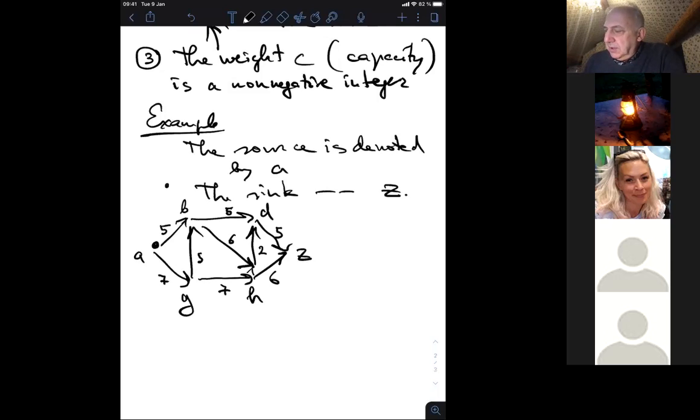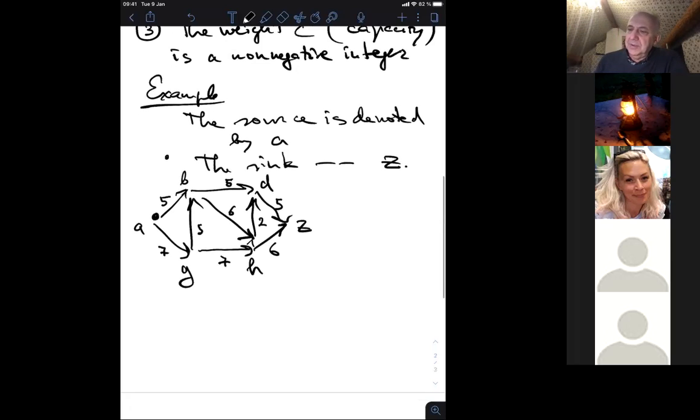In the Wi-Fi situation, it's the maximal number of megabytes you can get in a second, and so on. So that's a pretty straightforward situation one can model with this kind of thing.